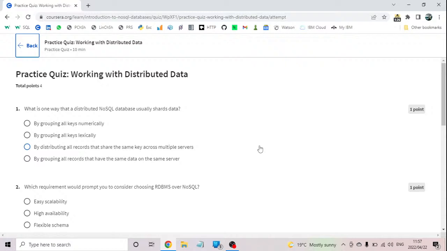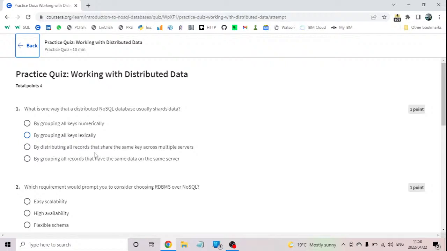What is one way the distributed NoSQL database usually shards data? By grouping all keys numerically, by grouping all keys lexically. Oh yeah, by grouping all keys lexically.